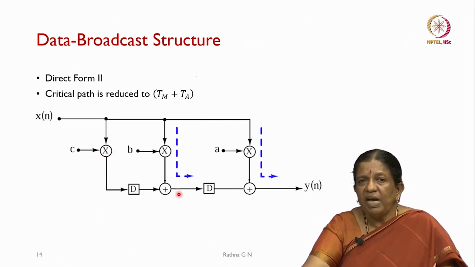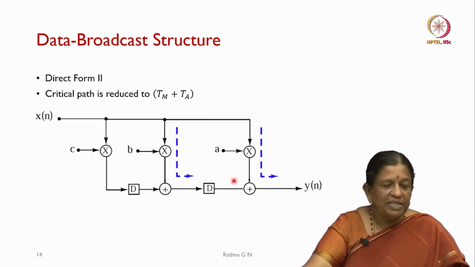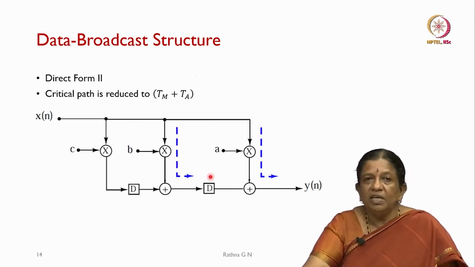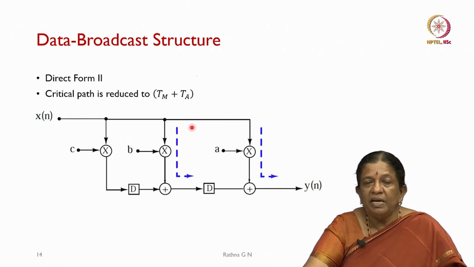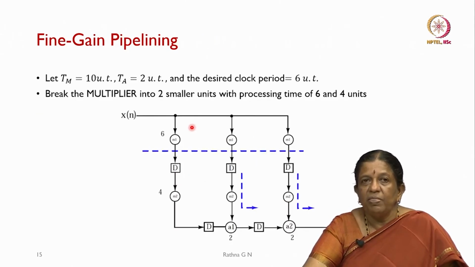So, the maximum, that is the critical path, is 1 multiplier and 1 adder. You can see that if you choose the structure properly, I need not have any cut set or any pipelining introduced in some of the graphs that one has to consider.